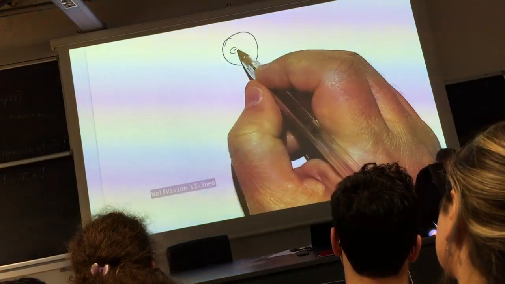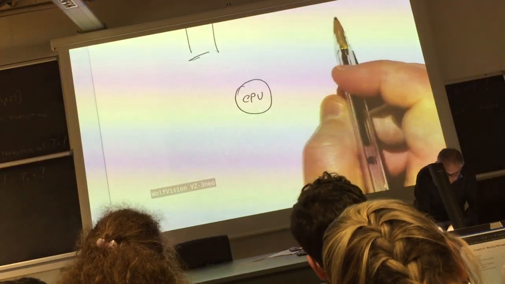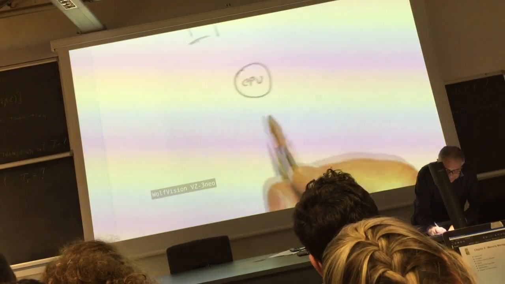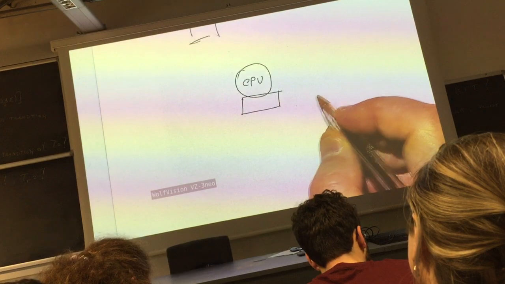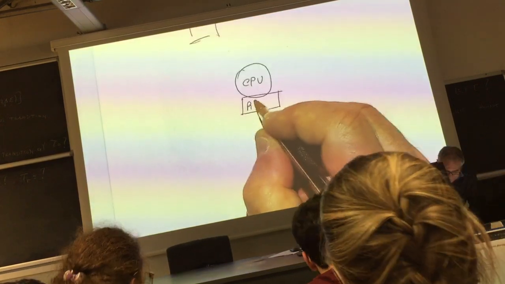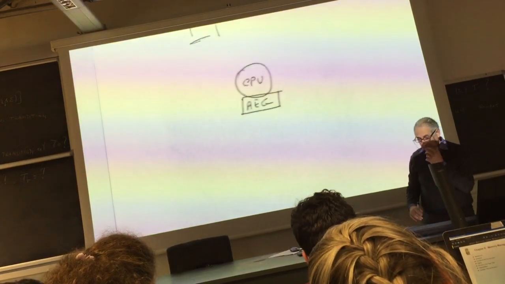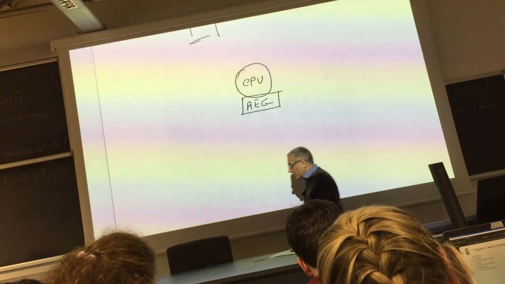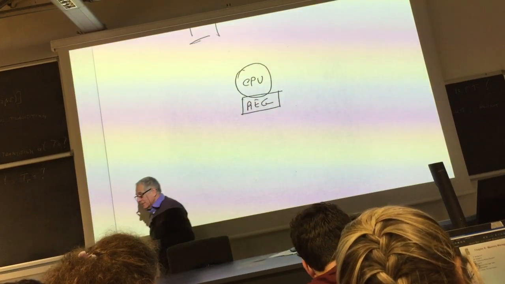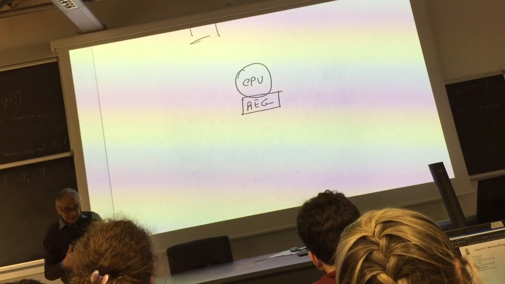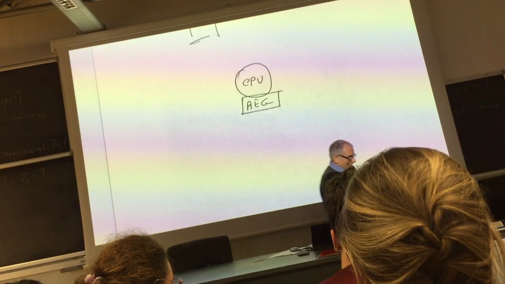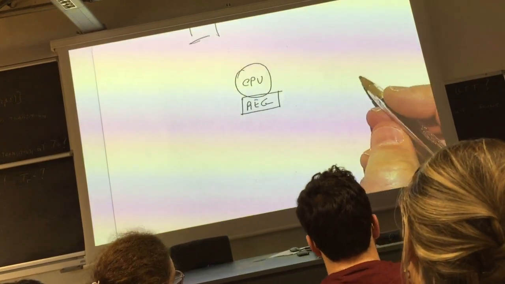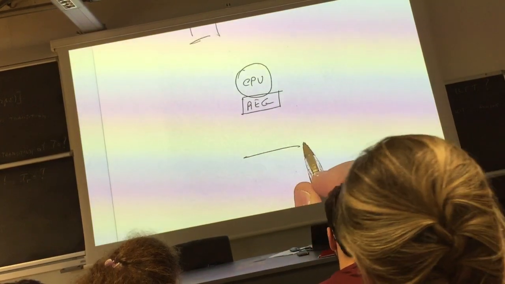So here you have the CPU, and in the CPU you have registers, and when the CPU accesses a register there is no delay and it works at maximum speed, clocked up. Then here you have the main memory.